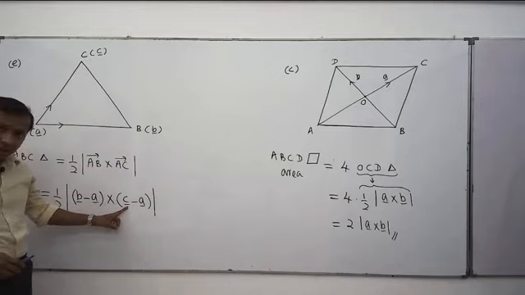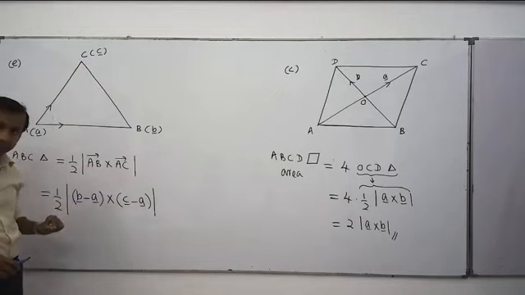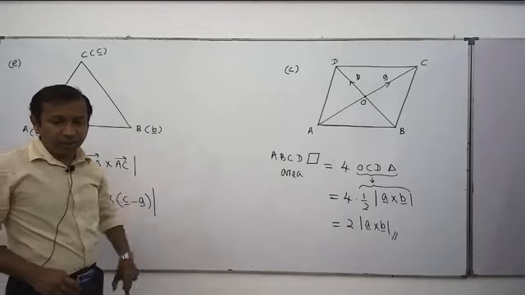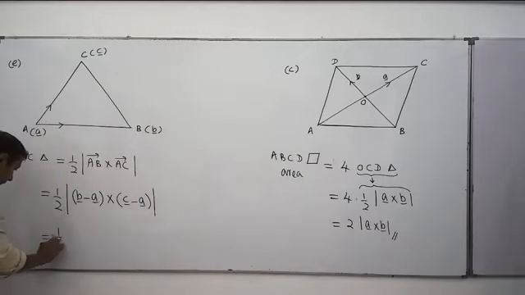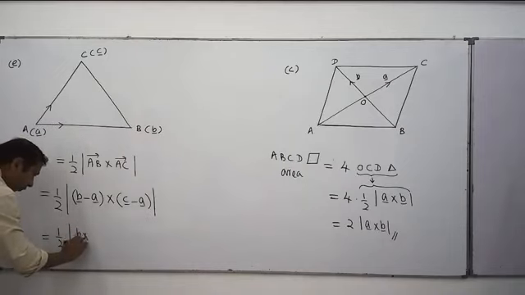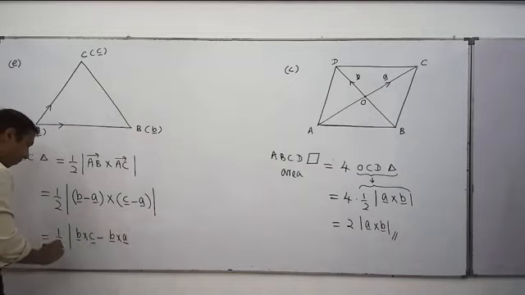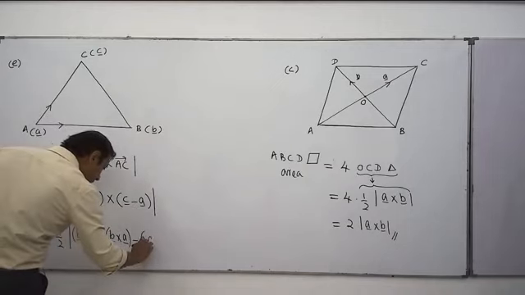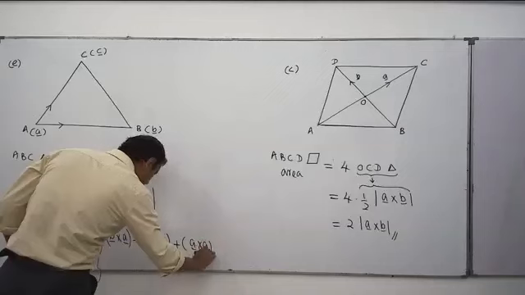B cross C, plus minus minus B cross A. Then minus plus gives minus A cross C, and minus minus plus A cross A. So we get half, B cross C, plus minus minus B cross A, minus plus minus A cross C, minus minus plus A cross A.